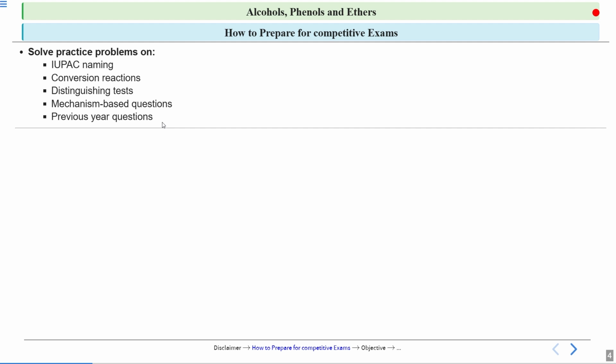So particularly if you want to practice problems on this chapter alcohol, phenol, and ether, you can focus on these topics: IUPAC naming, conversion of reactions, like converting one molecule to another, some distinguishing tests like between primary, secondary, or tertiary alcohol, right? And some mechanism based questions you also have to practice, and also remember to practice the previous year questions for the competitive exams you are preparing for.